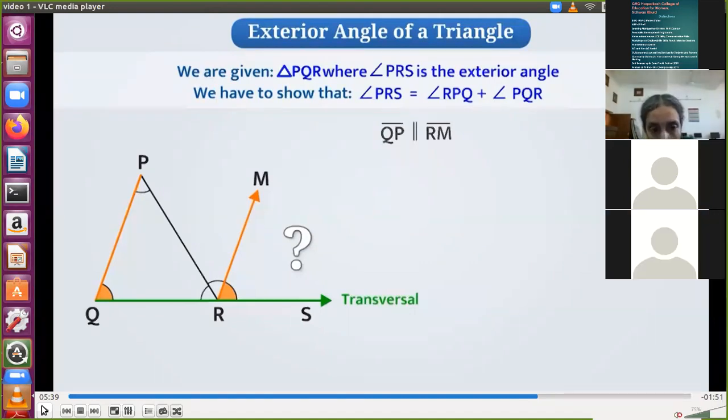Angle PQR and angle MRS are equal. What type of relationship do they have? So, beta, you have said it truly. You know it very well. These angles are called corresponding angles.